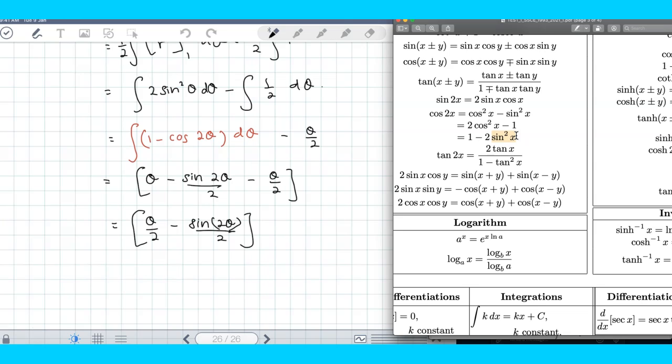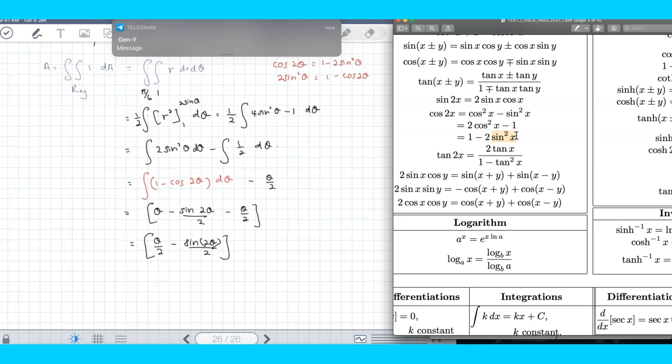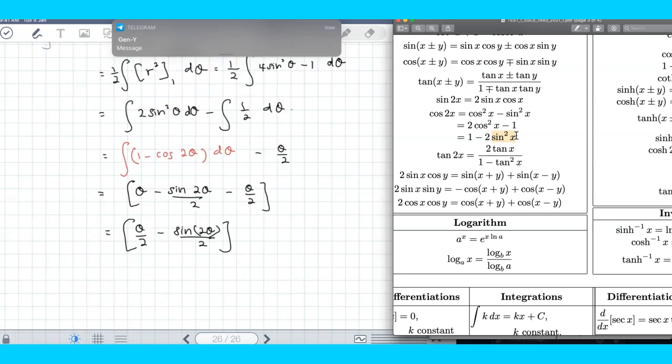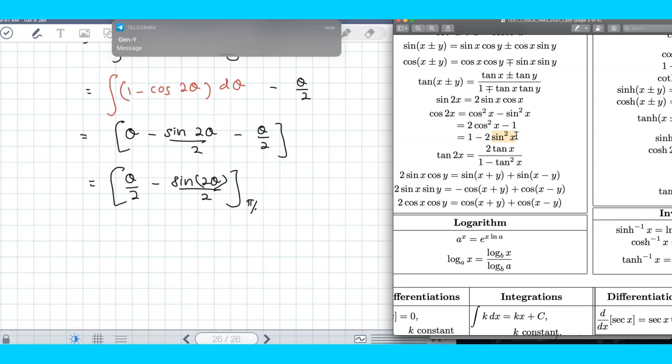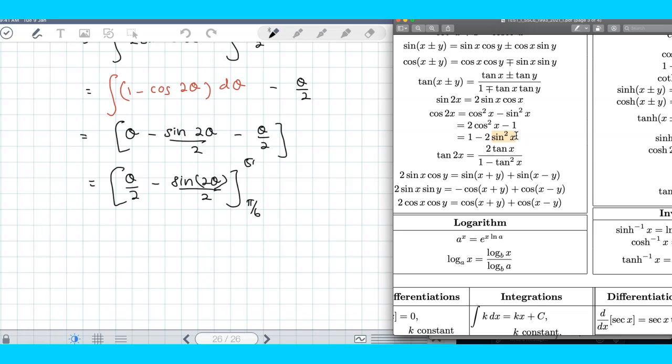So the theta just now is from pi over 6 to 5 pi over 6.